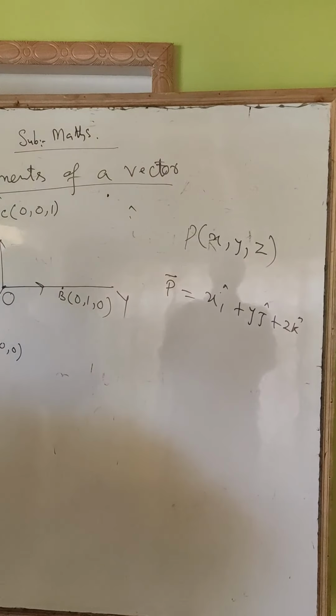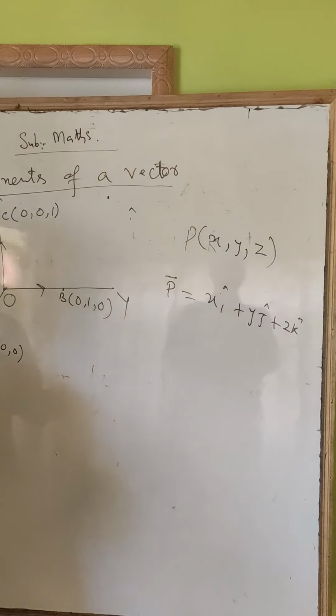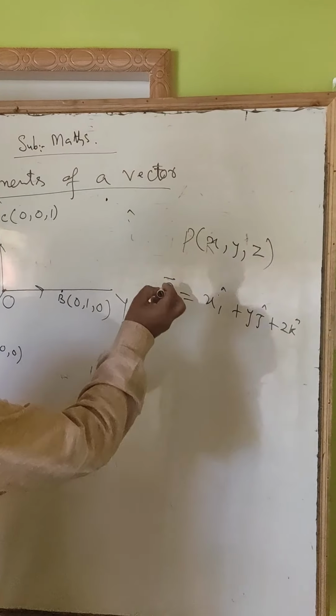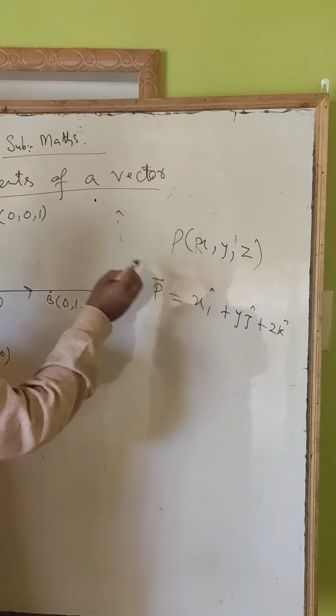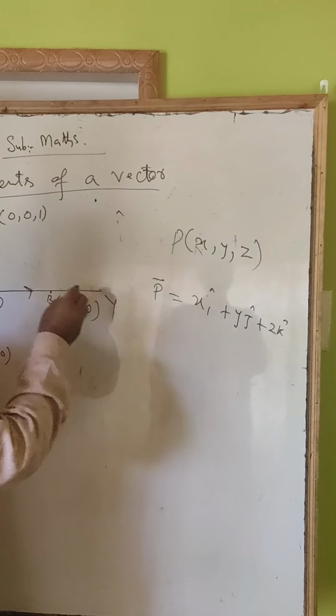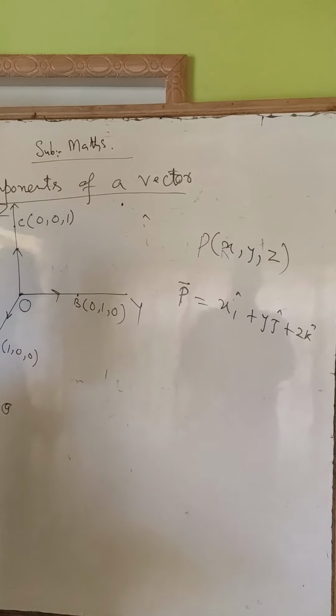This is called the component form of the vector. P is a point, and with respect to origin, we can write it as P is equal to xi plus yj plus zk.